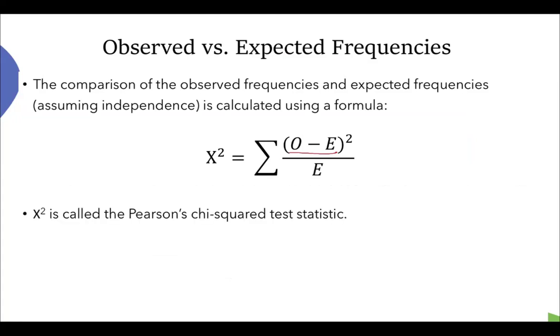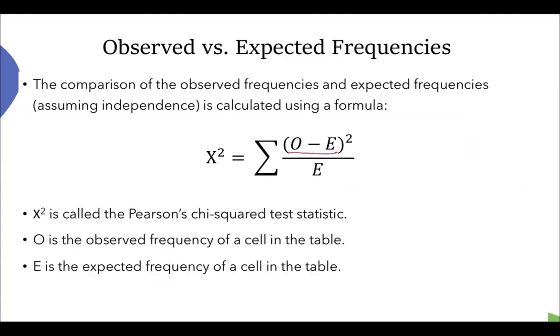O represents the observed frequency, E represents the expected frequency, and these are for each cell in the contingency table. And chi-square is symbolized by this capital X squared, and it is the result of adding up all of the observed minus expected squared over expected frequencies across the whole table.